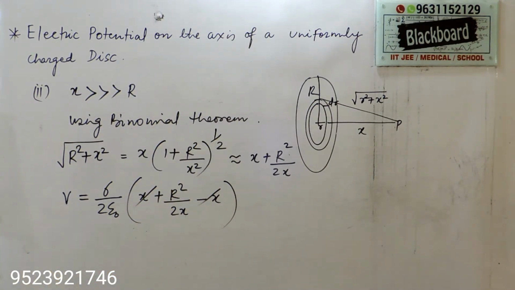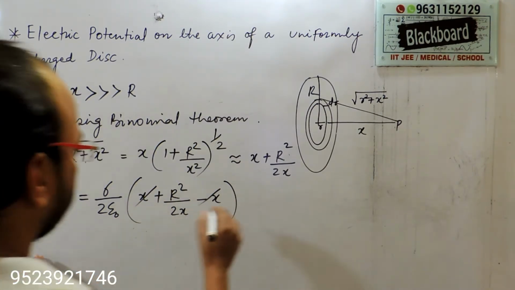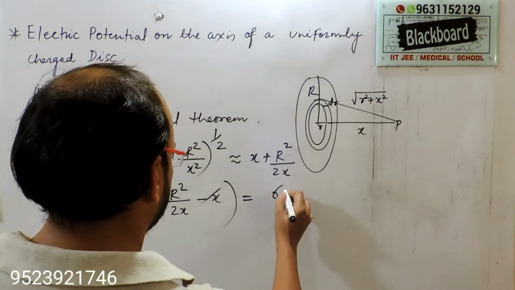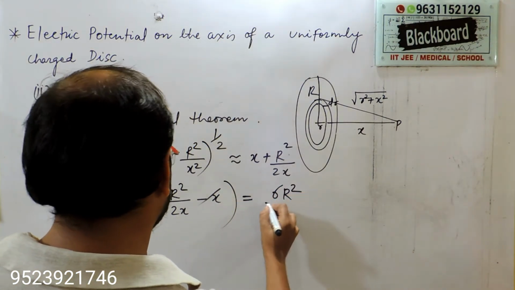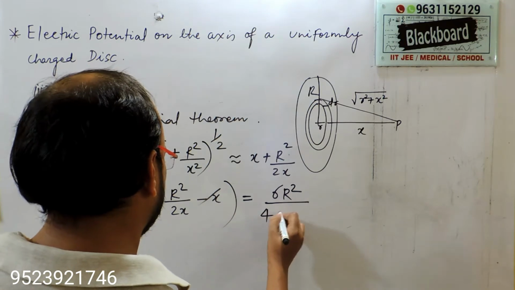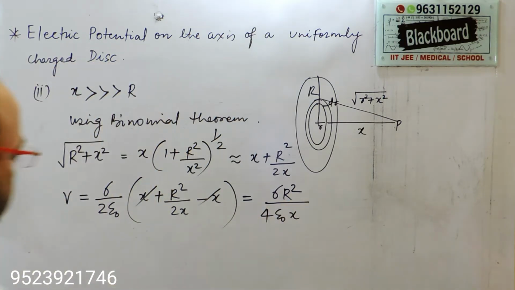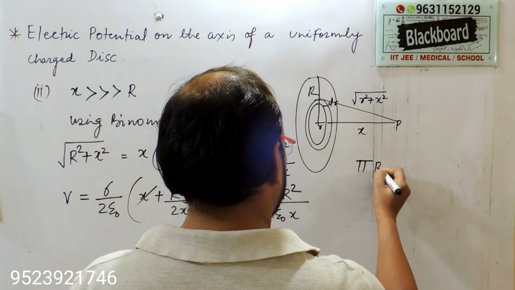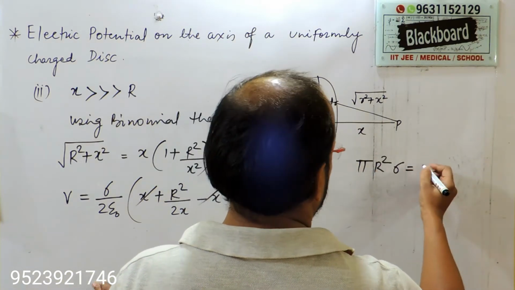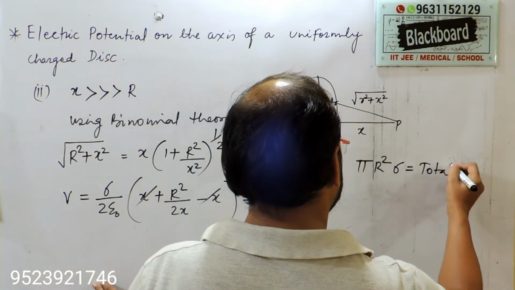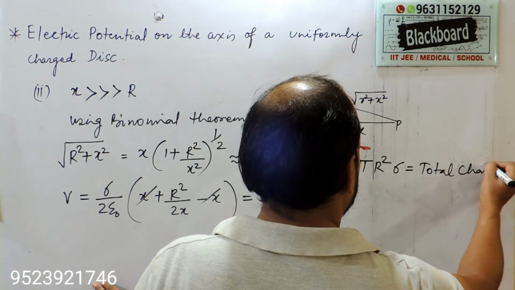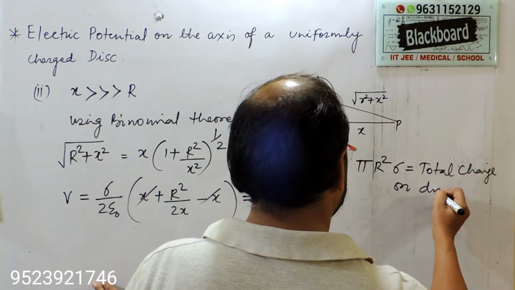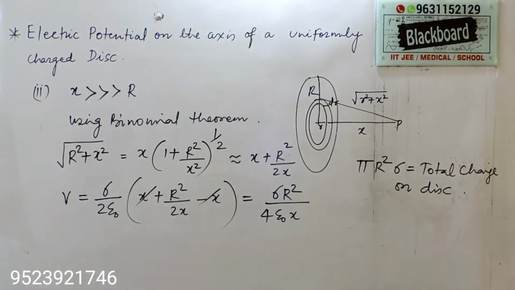That means your final expression will be sigma r square by 4 epsilon naught x, where sigma is the charge density. Pi r square sigma is the total charge on the disk.